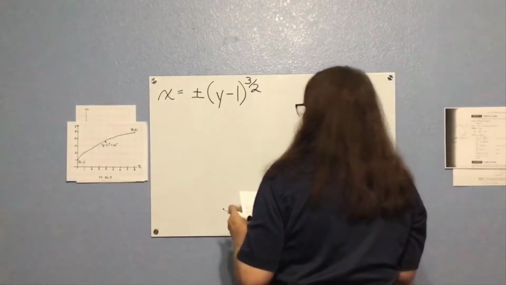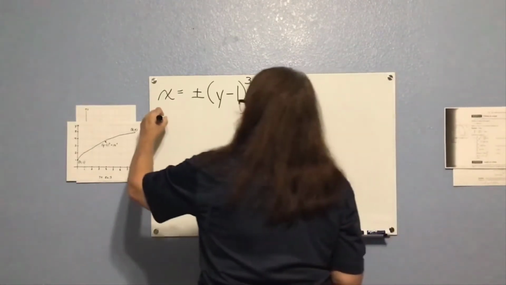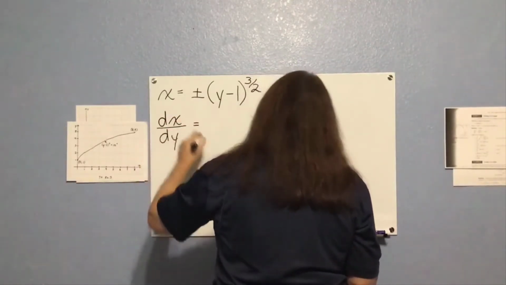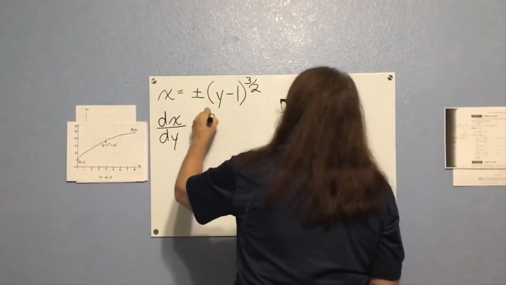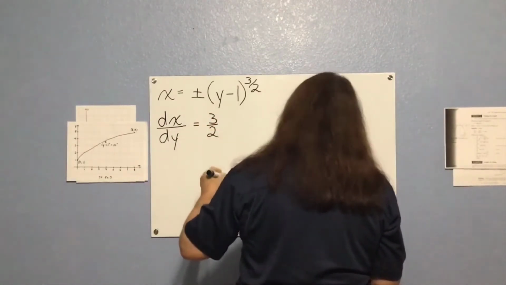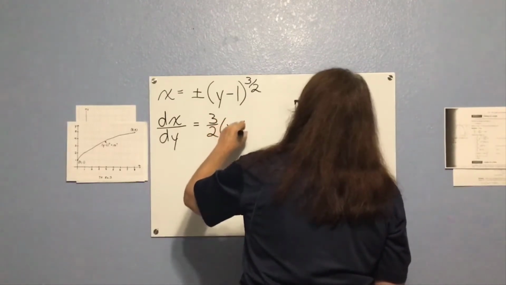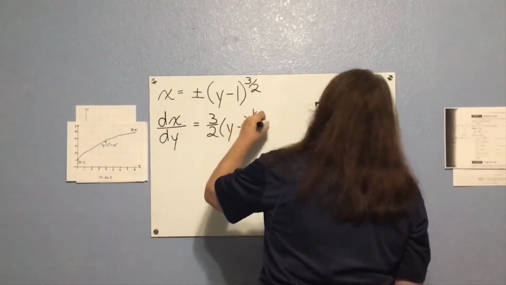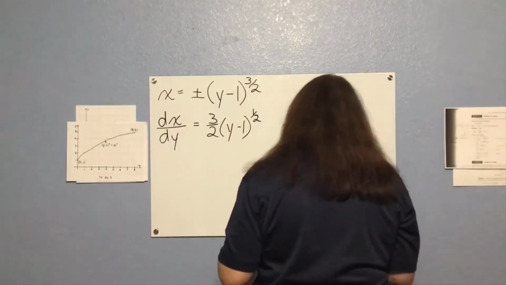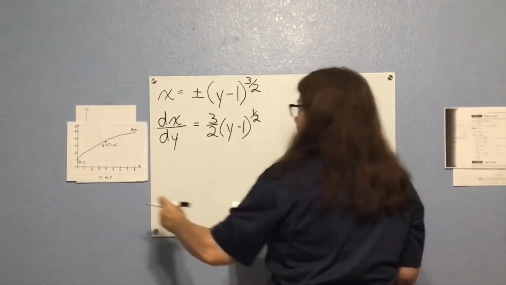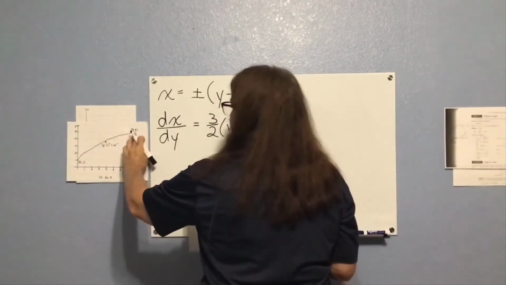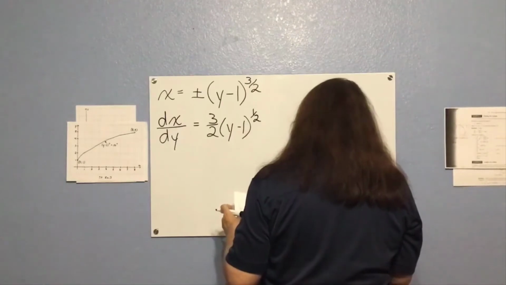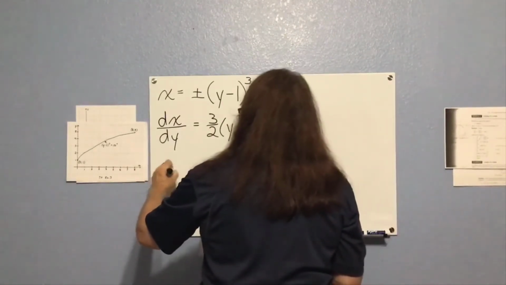Okay, and if I choose positive values, then I can get dx dy equal to 3/2 of y minus 1 to the 1/2. So this interval from 0 to 8 on x corresponds to an interval from 1 to 5 on y. So this is what my equation is going to look like.